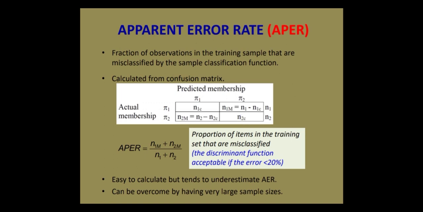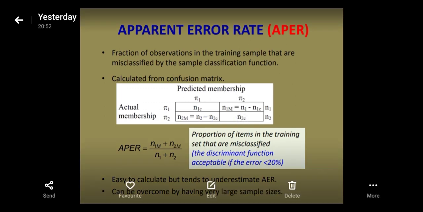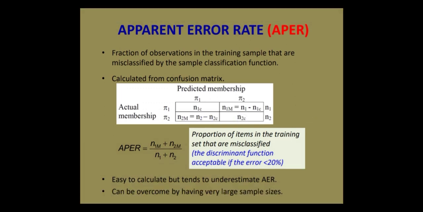So the error rate that we want to calculate is actually the ratio of the number of misclassified items divided by the total number of items in both groups, N1 plus N2. N1 here is the total of these two, and N2 is the total of these two. So that is the ratio, the error rate.